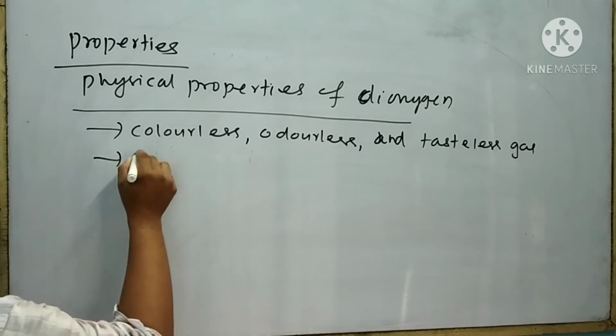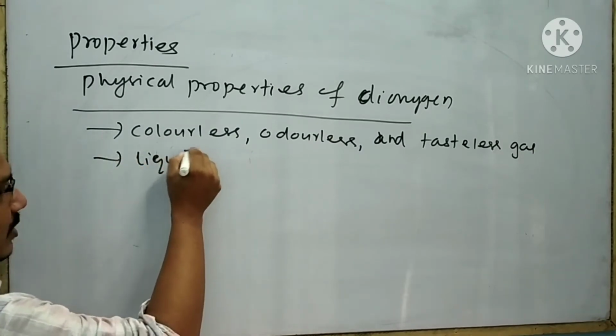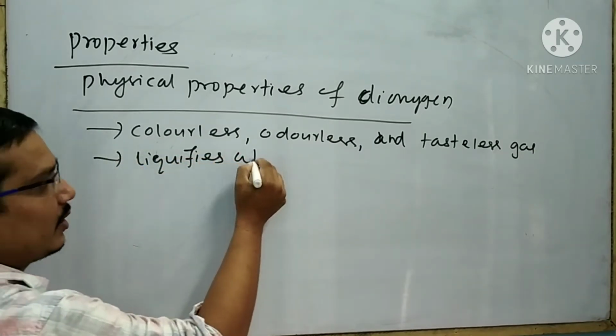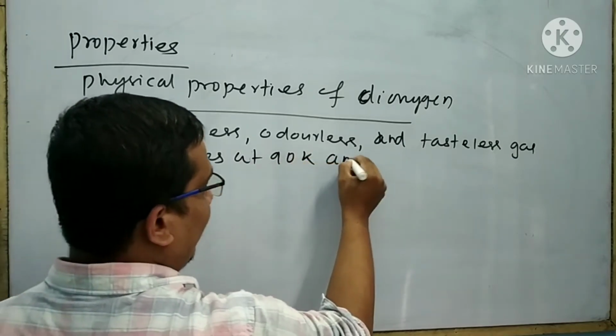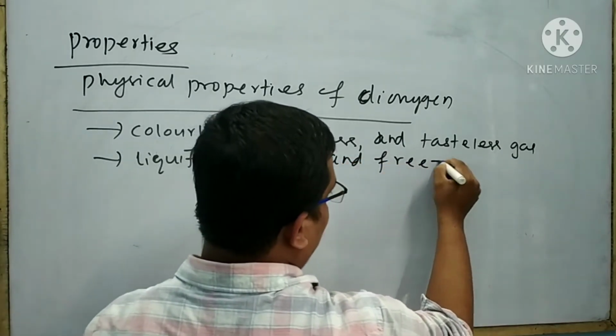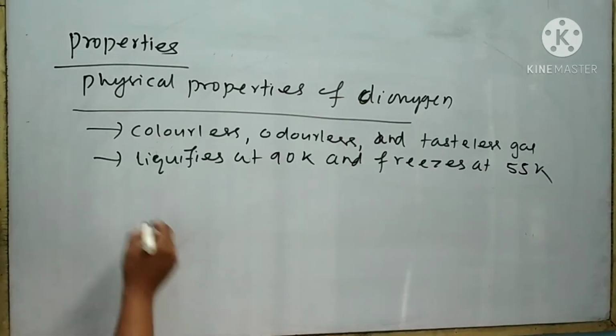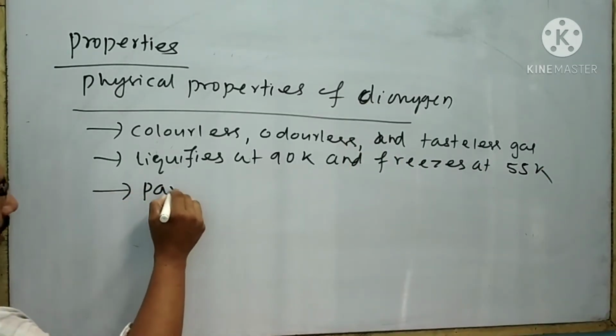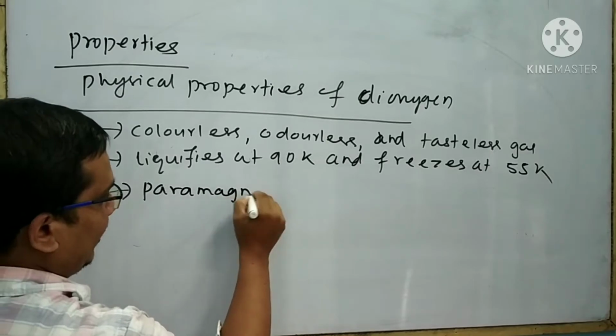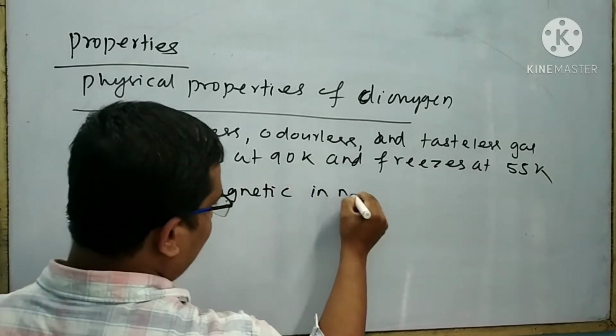It liquefies at 90 Kelvin and freezes at 55 Kelvin. Dioxygen is paramagnetic in nature.